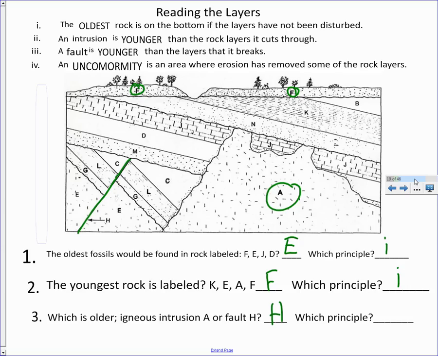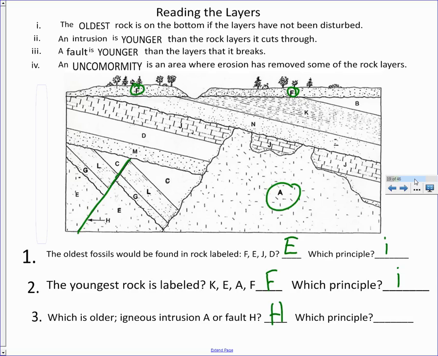The intrusion is younger than the rock layers. What is our main topic? The fault. So what are we talking about? The fault. So therefore, what's our principle? 3. The fault is younger than the layers that it breaks.